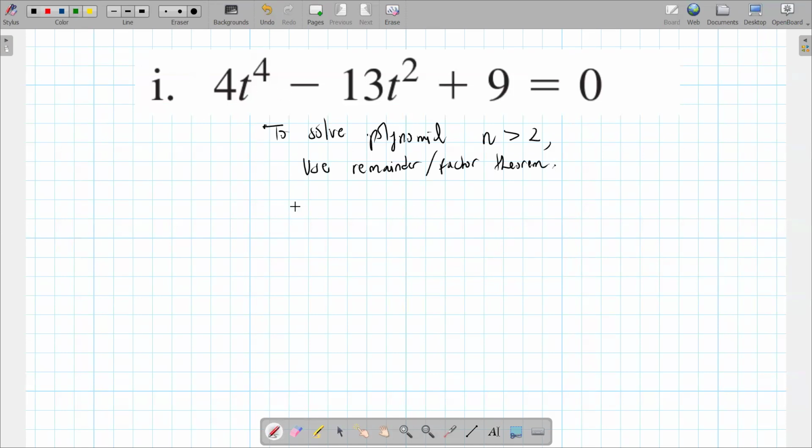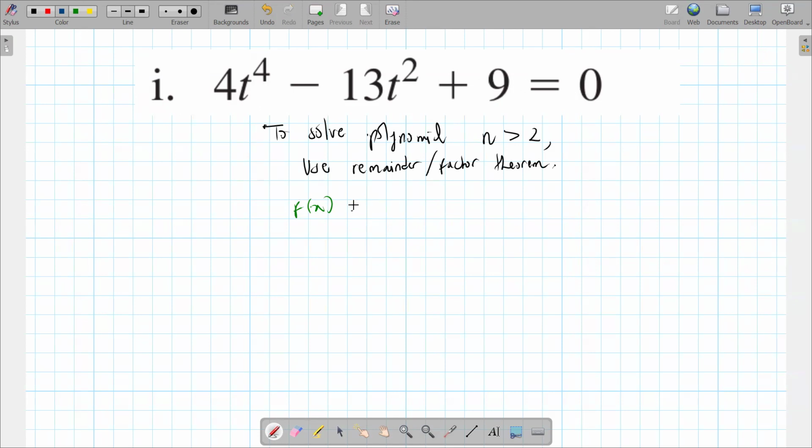Your function is f of x, whatever this is. So for us, this entire thing on the left side is f of x. You want to plug values in there as x that would make this equation true, that would make this equation equal to 0.